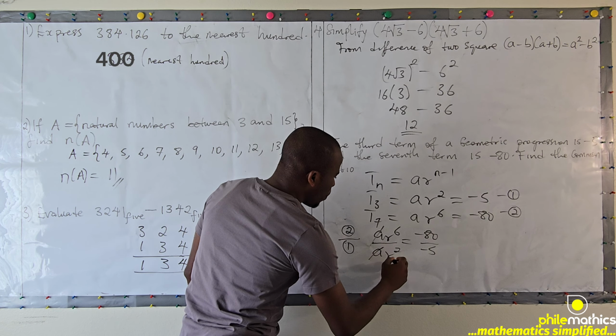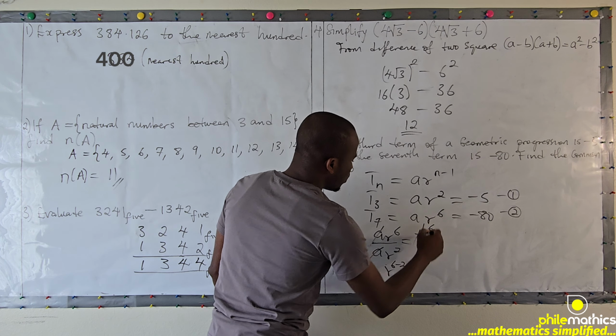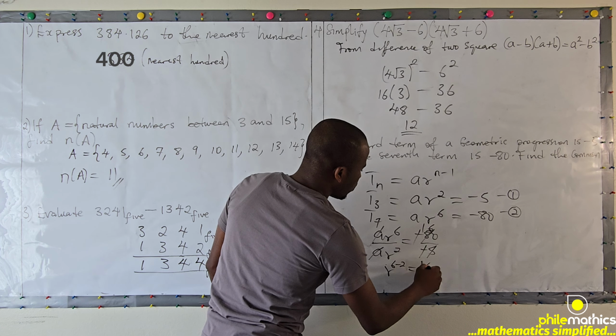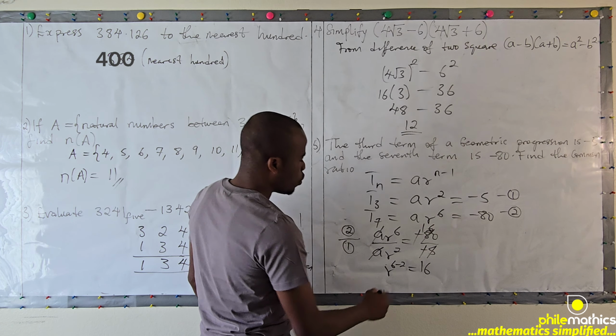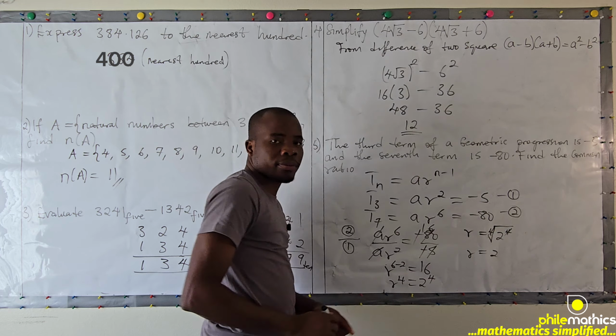Minus can cancel minus. 5 into 80 is 16. 6 minus 2 is 4. So this is r to power 4. And we can put 16 in base 2 as 2 to power 4. If I take the 4th root of both sides, I will get r to be the 4th root of 2 to power 4. This cancels this, so that my r is 2.